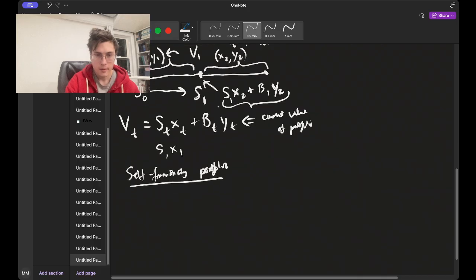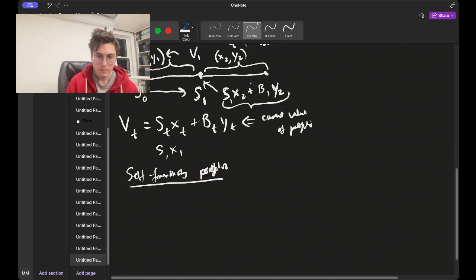And it would be nice, right, if this new V, the value of our portfolio starting right after, didn't change, if all we had to do was rebalance it.